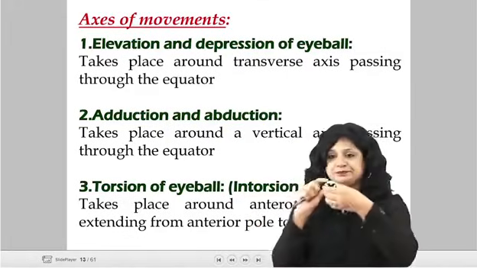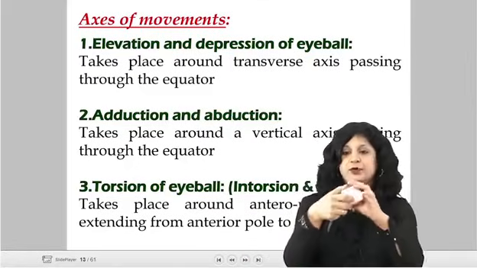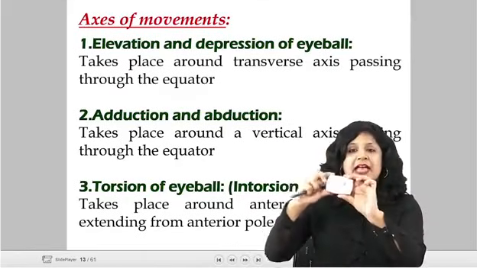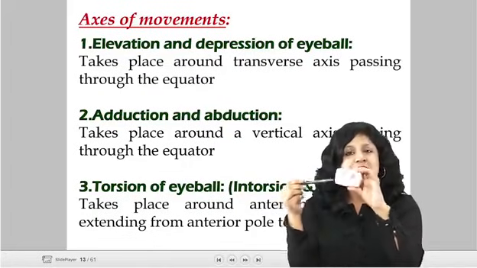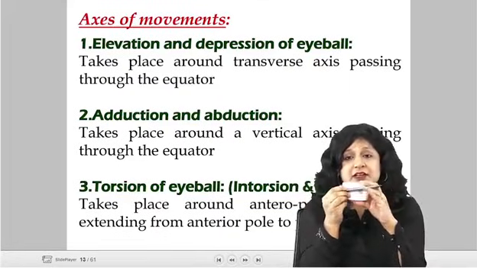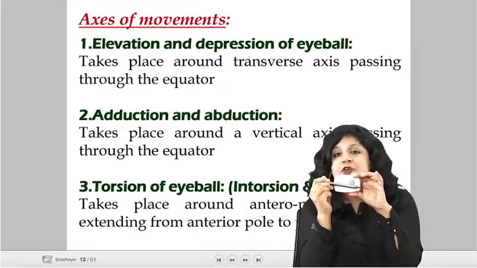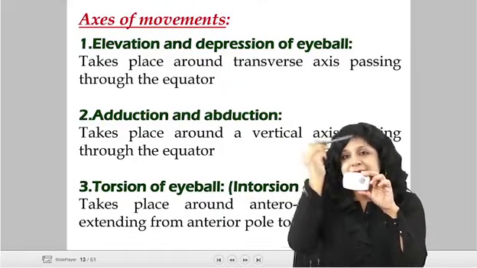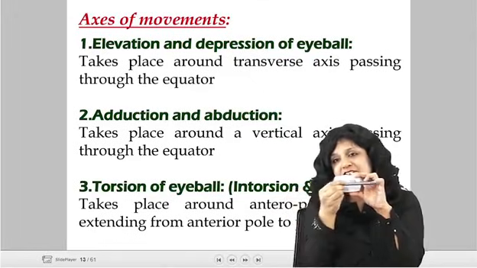Now suppose this is your eyeball, something like this, and we are talking about this axis, the transverse axis. If the movements have to take place around this transverse axis, either it will go up or it will go down. So basically the elevation and depression is taking place in this transverse axis.